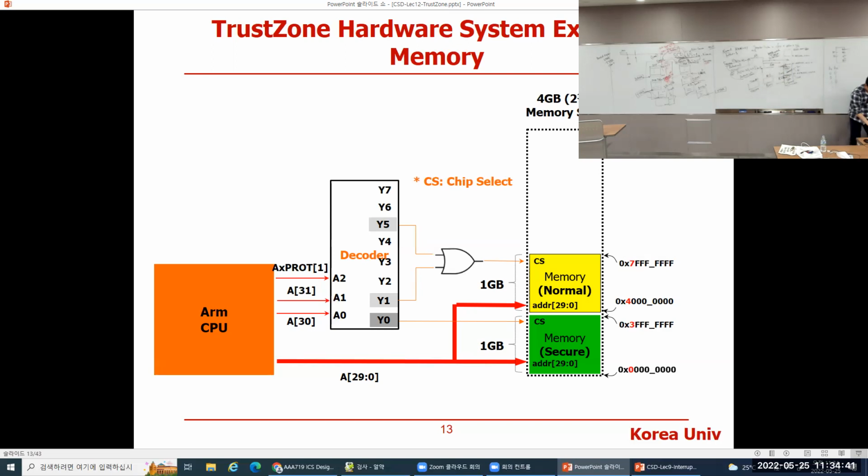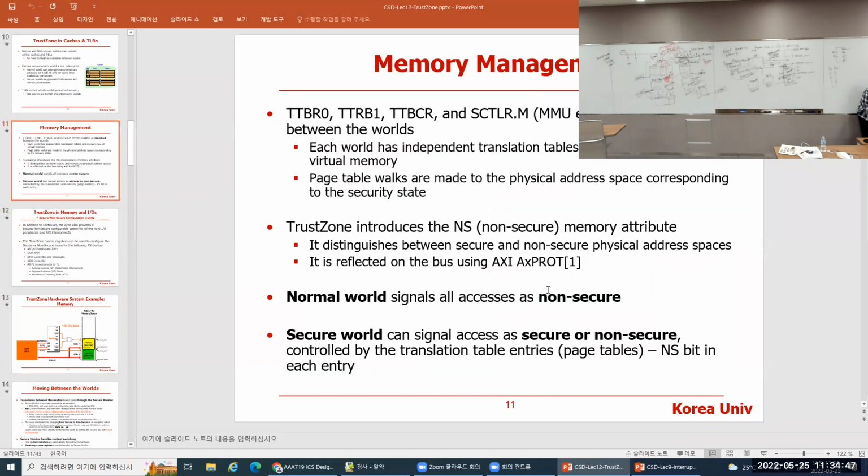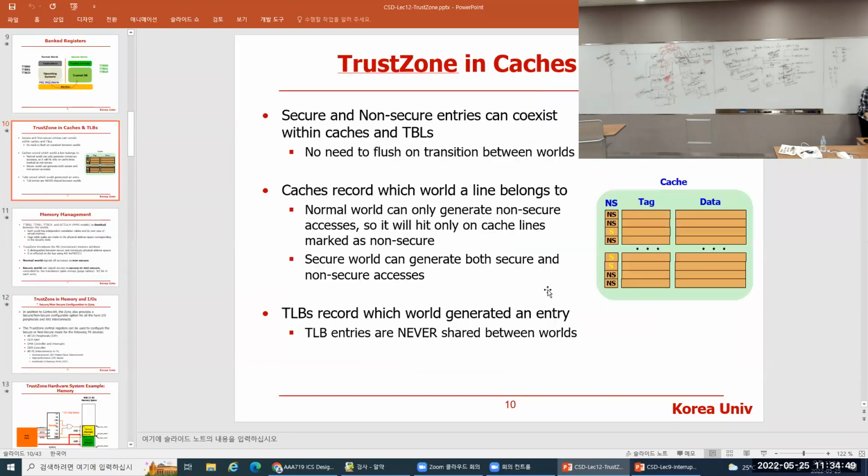So let's go to cache and TLB too. If you look at this, the TrustZone enabled cache, each row is called a cache entry.